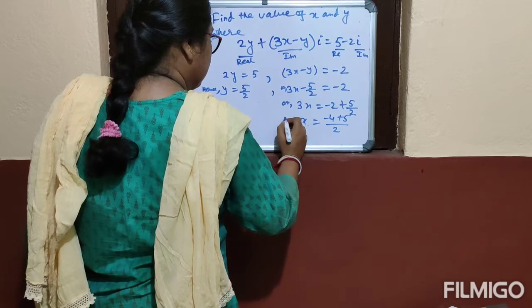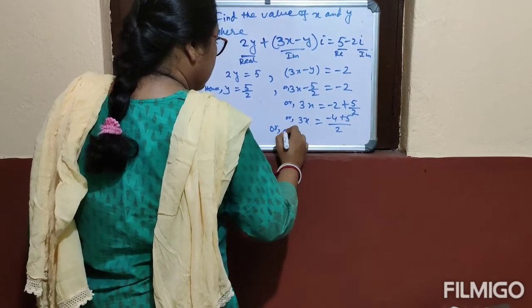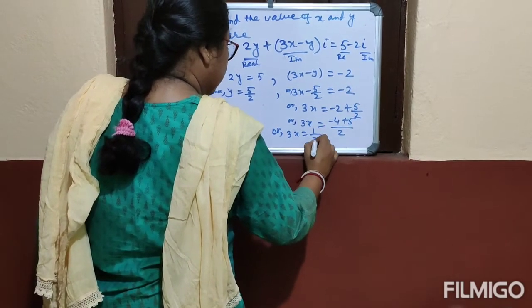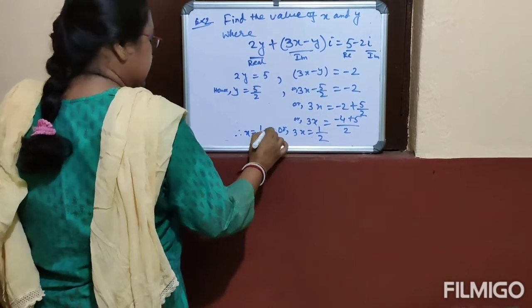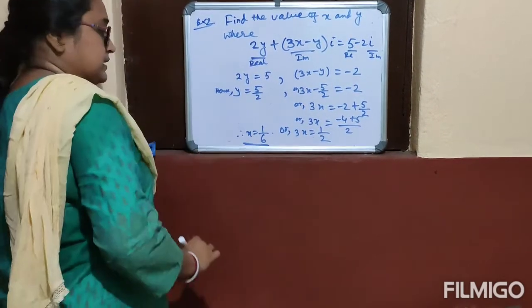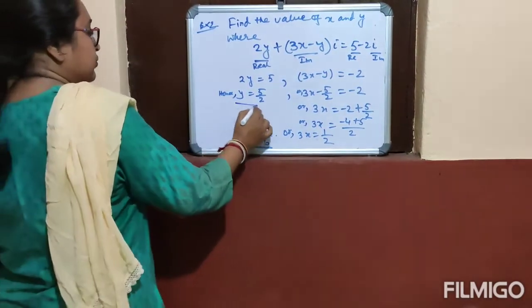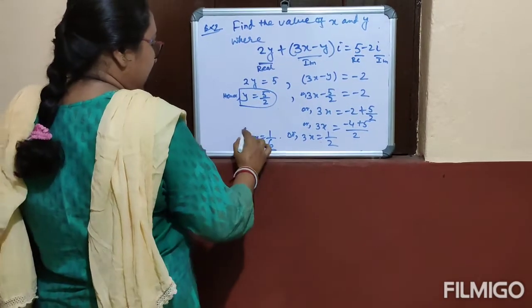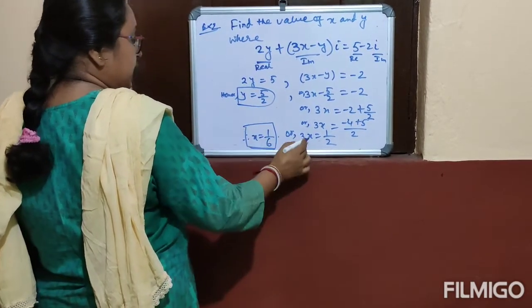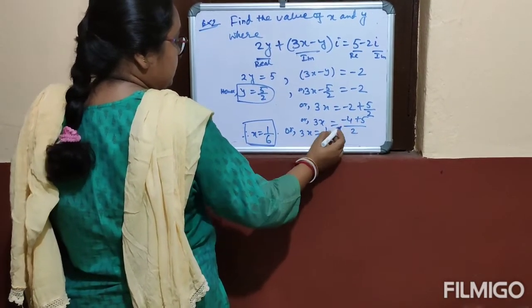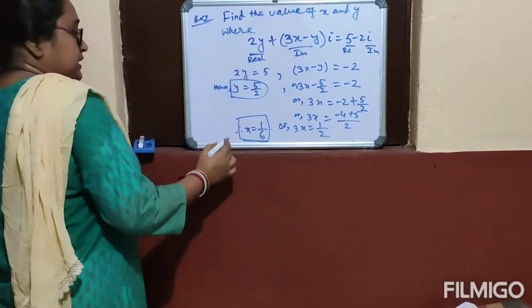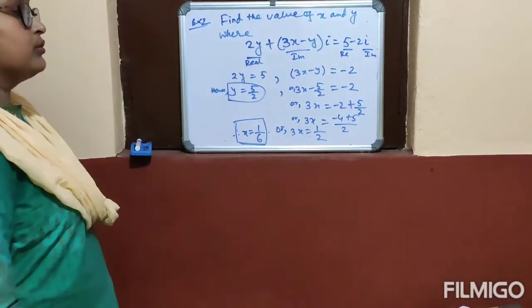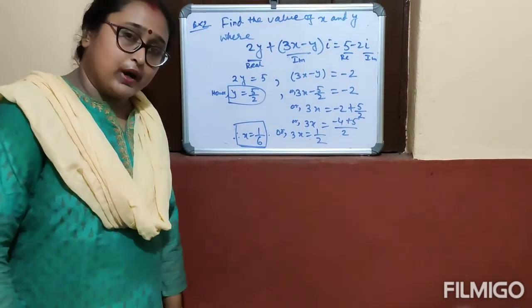This is equal to 3x, or 3x is equal to 1 by 2, or x is equal to 1 by 6. This is my required answer. Y is equal to 5 by 2 and x is equal to 1 by 6. This is the way to find out the value of x and y.